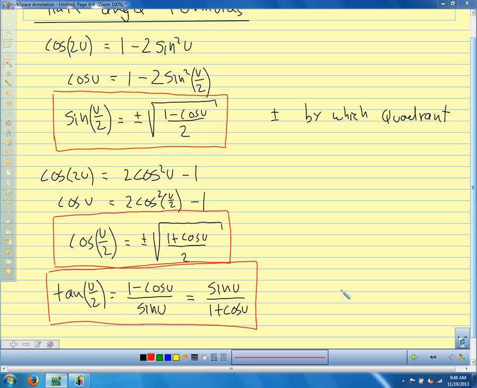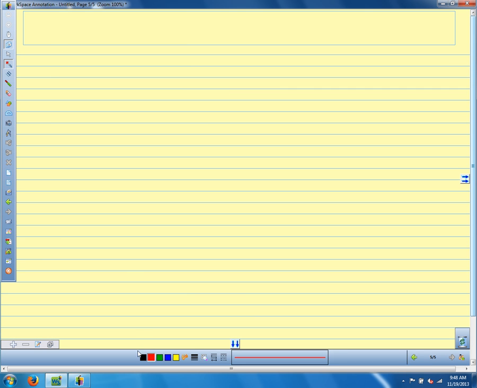All right, let's do a couple of examples of how we might use a half angle formula, and then we are done with chapter 5. Okay, so let's say we want to find the exact value of the cosine of 165 degrees.